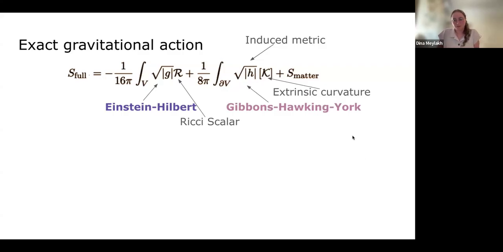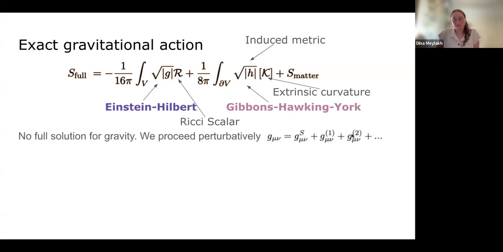Unfortunately, we have no full solution for the gravitational problem with our Schwarzschild black hole in the background. So we have to proceed perturbatively. We write our metric as the Schwarzschild metric plus perturbations.